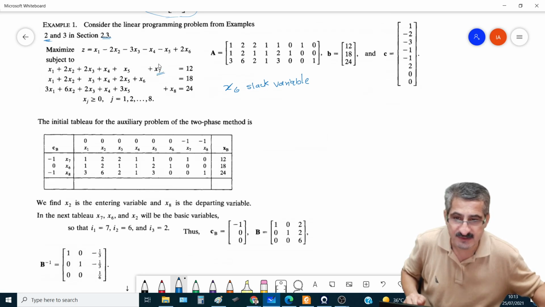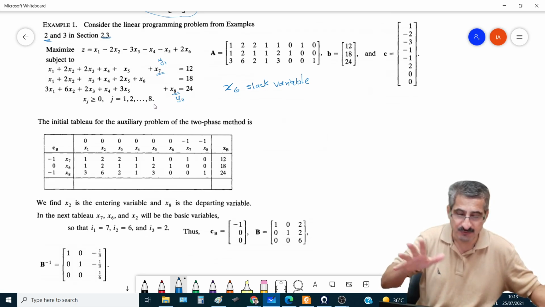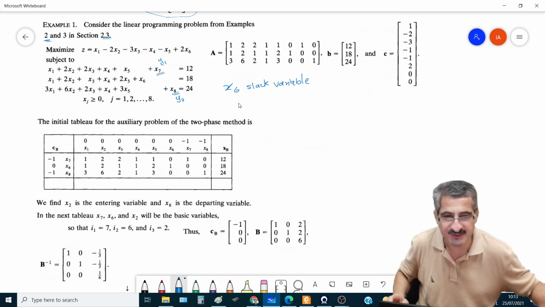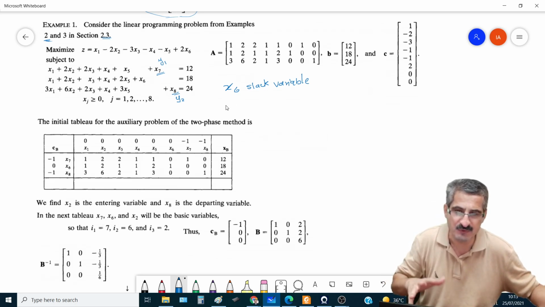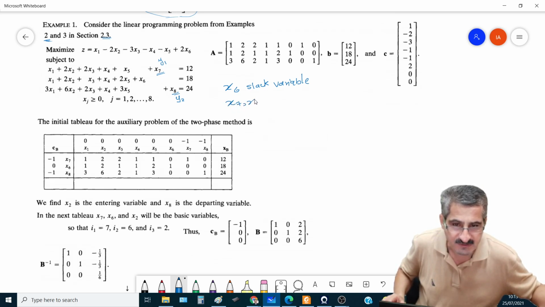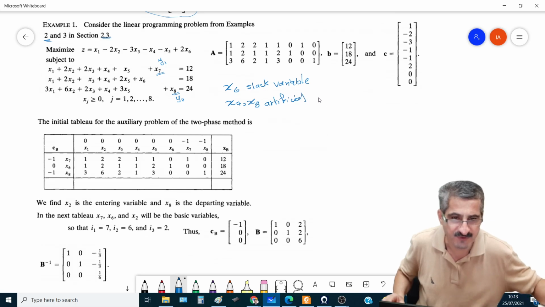In that example we called them y1 and y2, but now we want to use the same notation, so instead of y1, y2, we will say x7 and x8 are artificial variables.